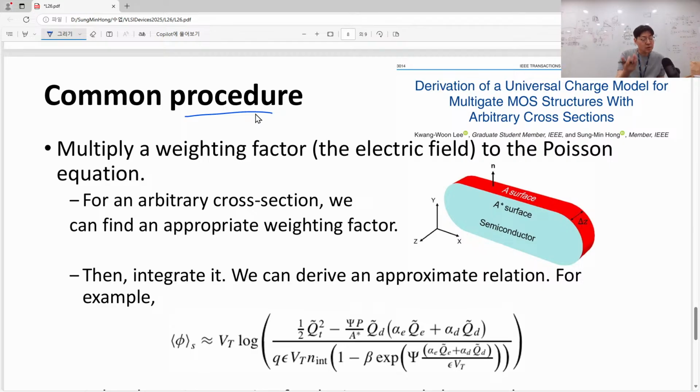Please recall our two available cases: one, the planar MOSFET, and second, the double gate MOSFET we have seen. What was the common procedure? First, starting from the Poisson equation and multiplying by a weighting factor, and the weighting factor was dφ over dx.